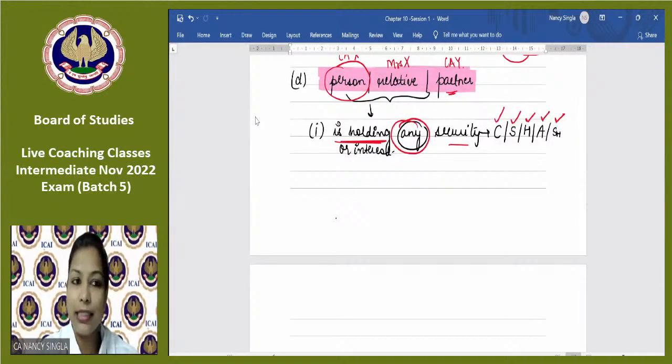Okay? I'll just repeat it. So here we are talking about whether CAX is eligible to be appointed as an auditor of the company or not.